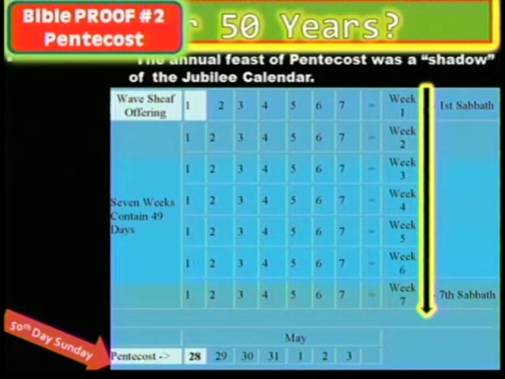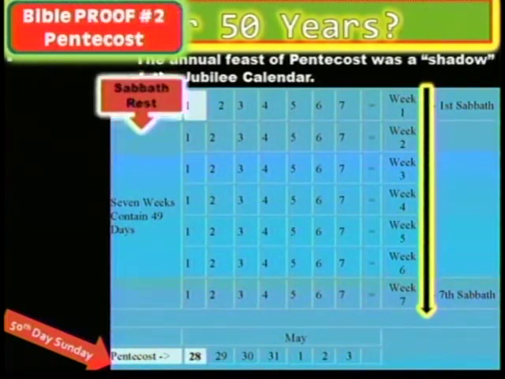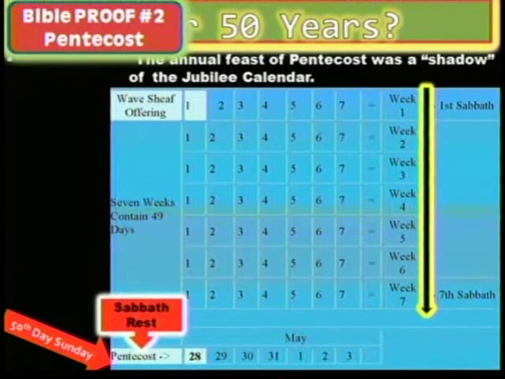And here's Pentecost, which was the 50th day, which is always on Sunday, another Sabbath rest. So this is just a little baby Jubilee calendar. And this is our second Bible proof of the 49 years and not 50.